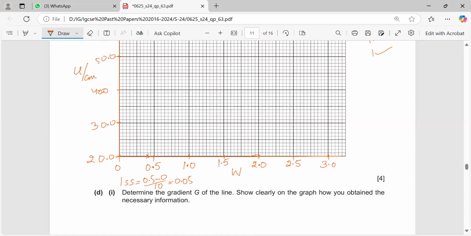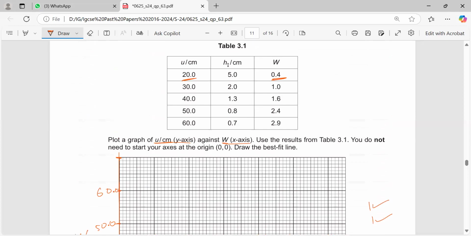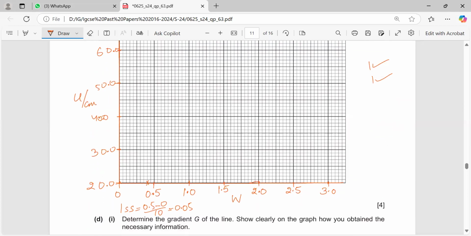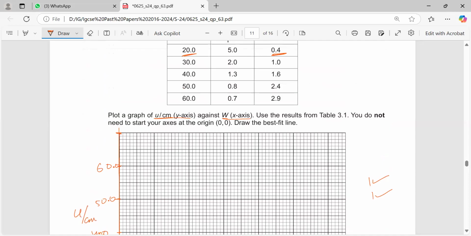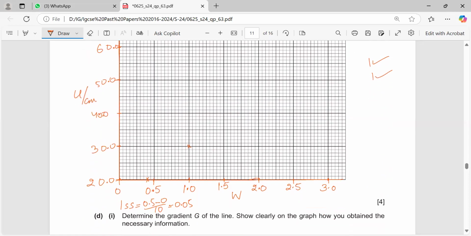First one. Then at 30, it is 1. At 40, 1.6. At 40, this is 1.5 and two boxes here, that is 1.6.